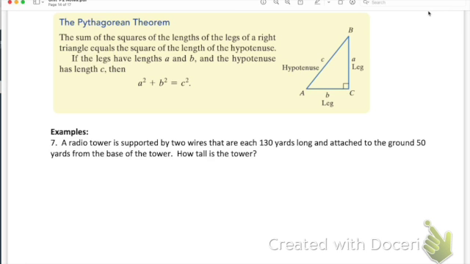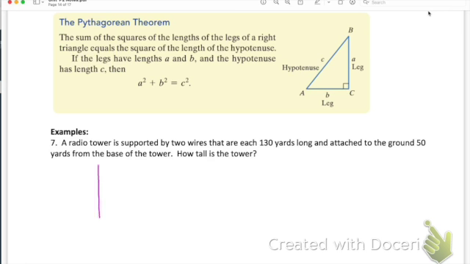Number 7 says a radio tower is supported by 2 wires that are 130 yards each, attached to the ground 50 yards from the base of the tower. How tall is the tower? Okay, so what we have here is 2 wires and a radio tower.